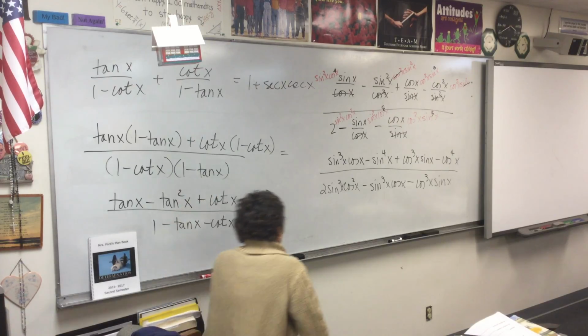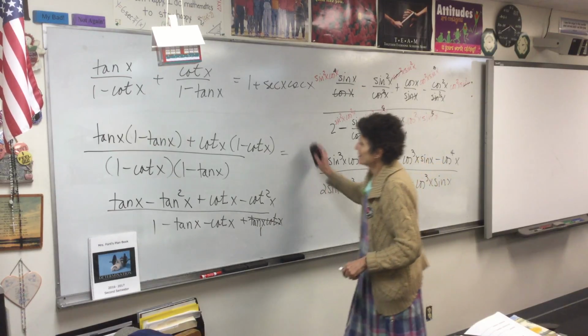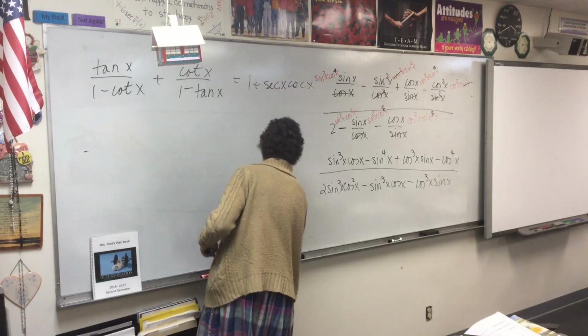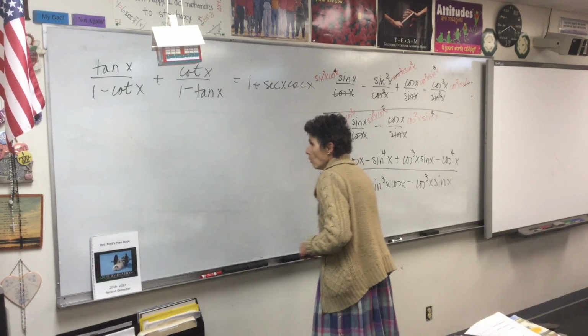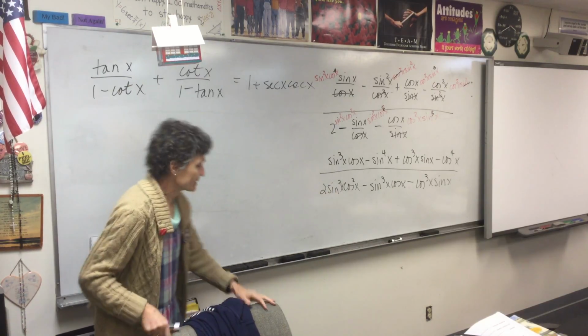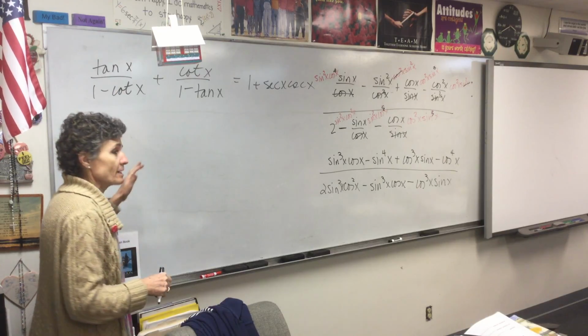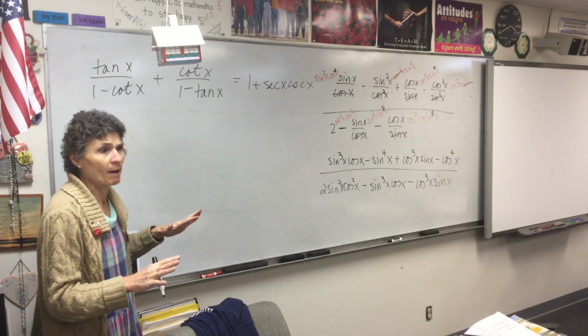All right, so we've gotten so far into it, let's go back to the beginning and see if we can get this guy done before we run out of time. So here we go. Our original plan was we got a common denominator.